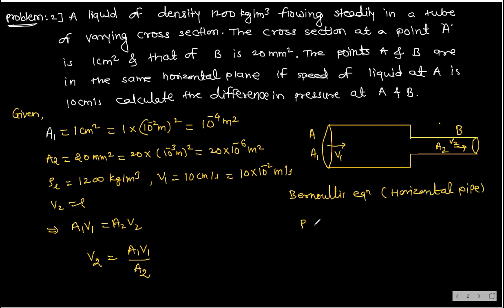So what you will get, P1 plus half rho V1 square is equal to P2 plus half rho V2 square, and then P1 minus P2 we want. So P1 minus P2 is equal to half rho V2 square minus half rho V1 square.